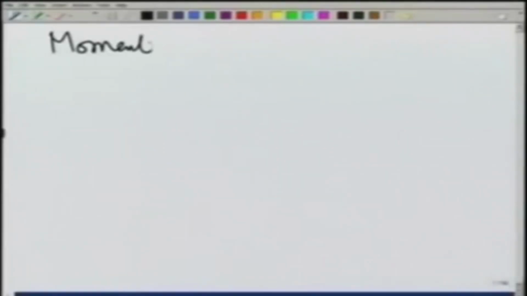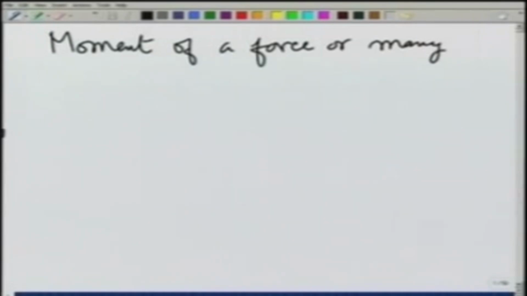We have been learning about the moment of a force or many forces.